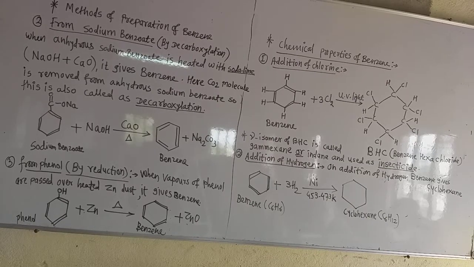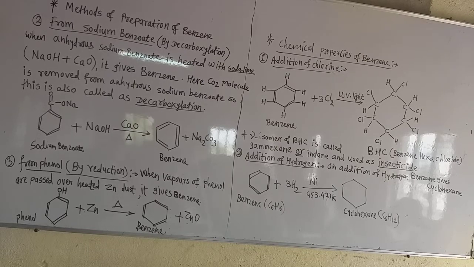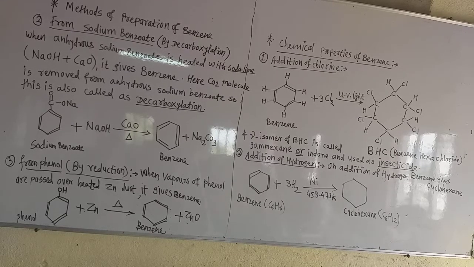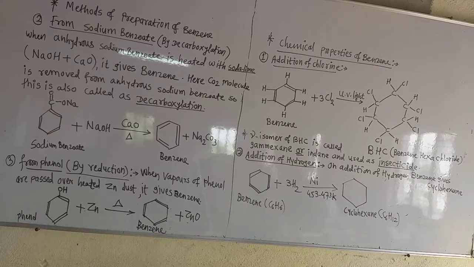Sodium benzoate is the sodium salt of benzoic acid. It is formed from the benzoic acid. If the COOH group is attached to the benzene ring, it is called benzoic acid, where the hydrogen of the benzoic acid is replaced by the sodium atom.